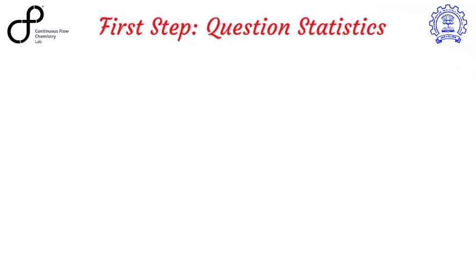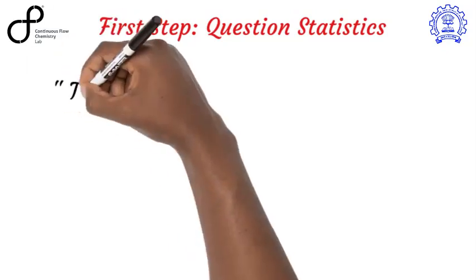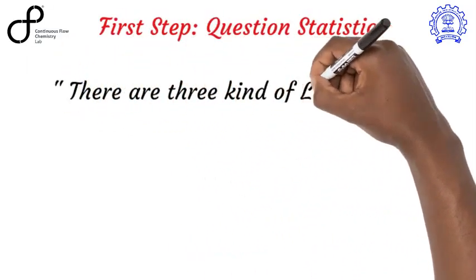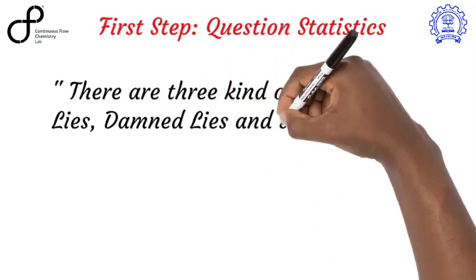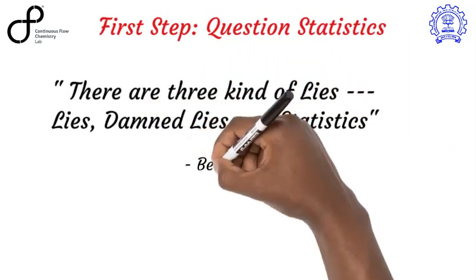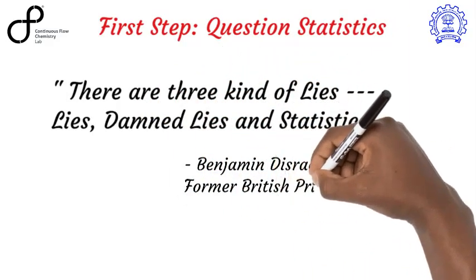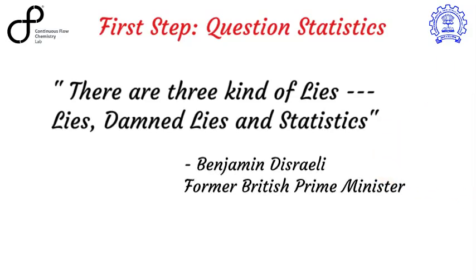To be an intelligent consumer of statistics, your first reflex must be to question the statistics that you encounter. The British Prime Minister, Benjamin Disraeli, is quoted by Mark Twain as having said, "There are three kinds of lies: lies, damned lies, and statistics."